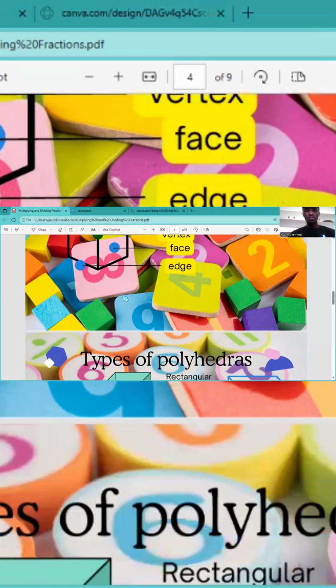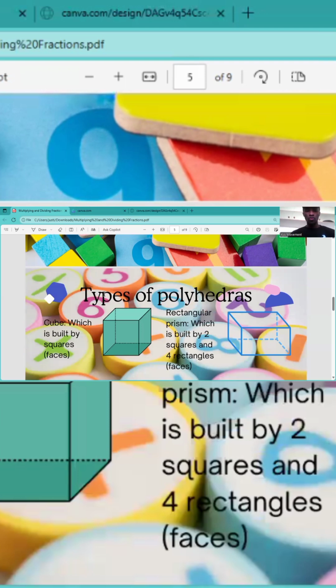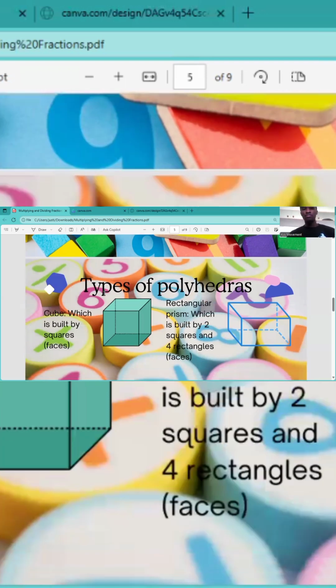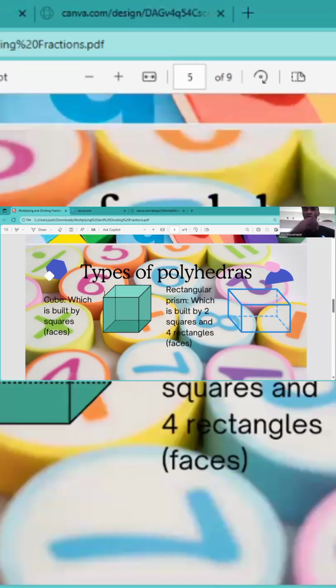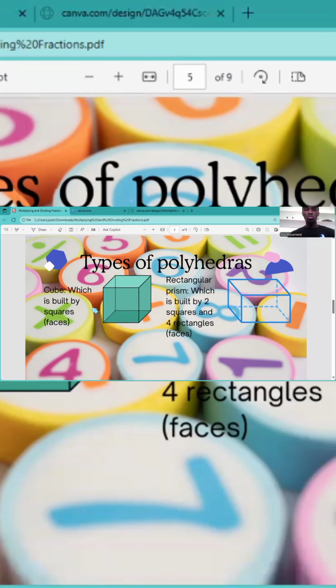Now that you know the difference between vertices, faces, and edges, you have to know that there are types of polyhedrons. You might know 2D shapes like triangles, rectangles, and squares, but if you mix them together, what do you have? 2D shapes are polygons and 3D shapes are polyhedrons.